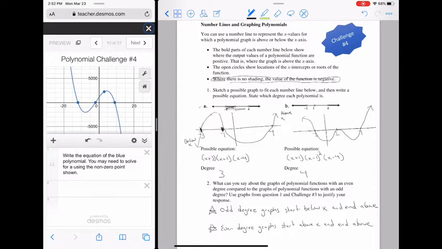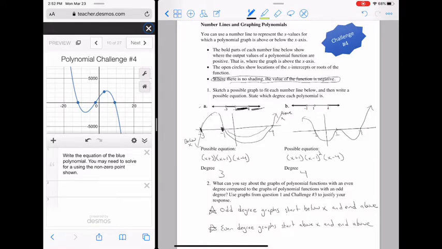From -1 to 4, it's not bold, meaning the graph is below the x-axis, which is why we have this right here. And from 4 to infinity, it's bold, which means this is above the x-axis.